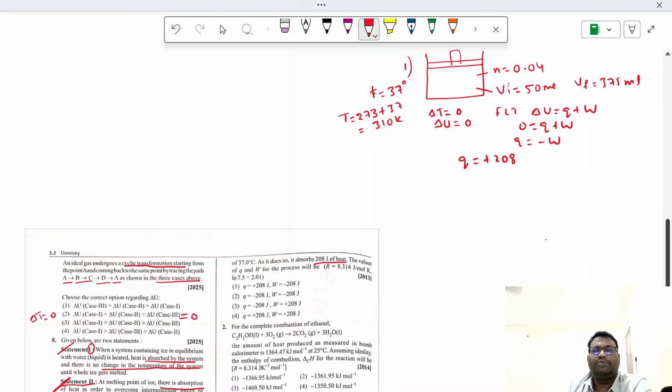Here Q is equal to minus W, or you can write W is equal to minus Q. Q is equal to plus 208 joules, then automatically W is equal to minus 208 joules. So the answer will be the first option: Q is plus 208 joules, W is equal to minus 208 joules. Okay, understood. Next, question number 2.